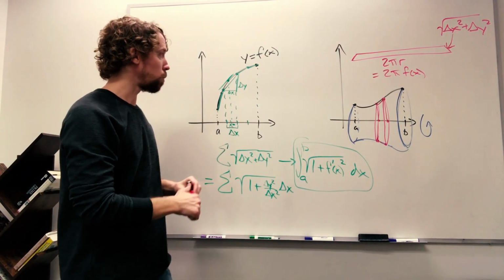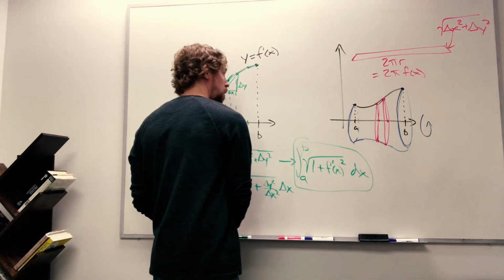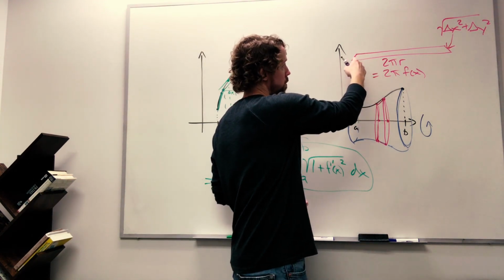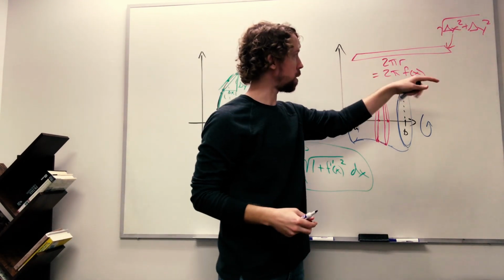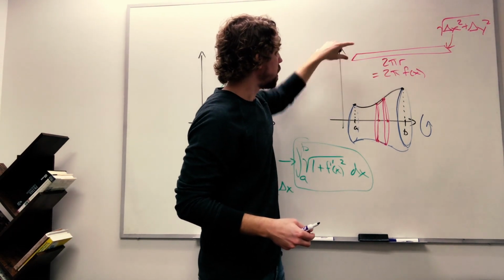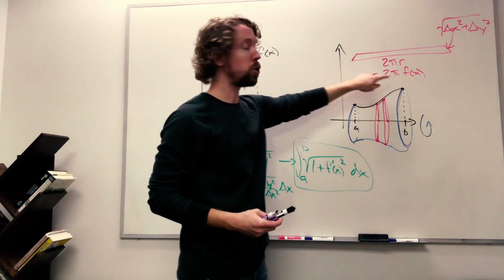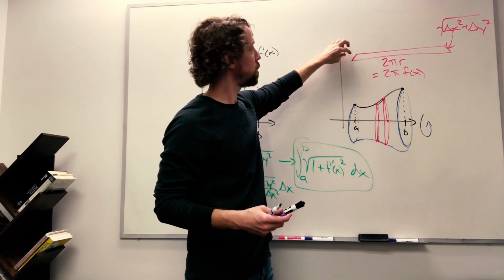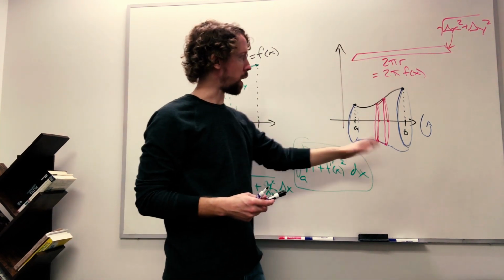So to get the actual formula for that one, remember I'm adding up the surface areas of all those ribbons. So I'm going to take, this is after I've split it apart, 2 pi f of x times this height. If I do 2 pi f of x times the length of this, that gives me a good approximation of this area. And then when I take the limit, I get the exact surface area.